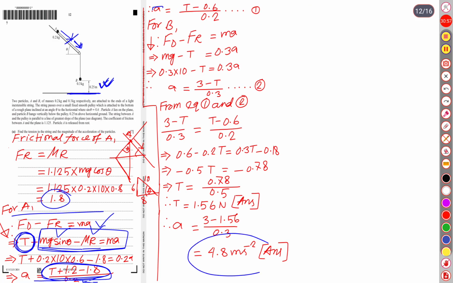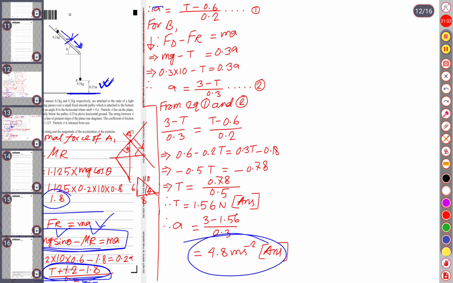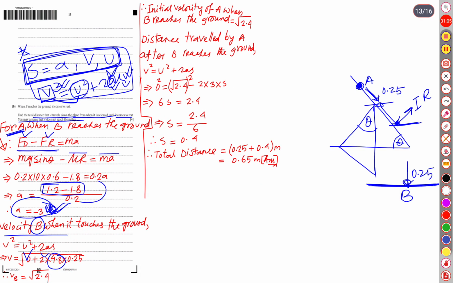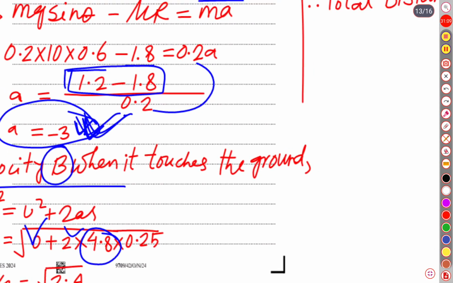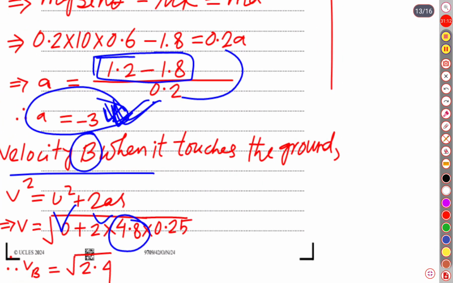Yes, this was our acceleration. Acceleration was 4.8 for A and B combined. But here it's all about B, that's why the combined acceleration has been applied. Ultimately, we have got the velocity of B, square root of 2.4. This is the final velocity for B.